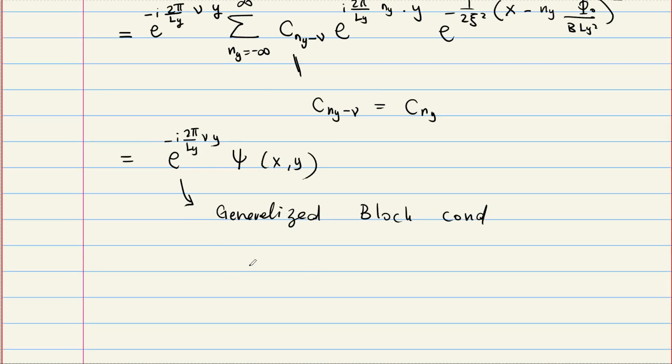And in the conventional Bloch vector, we have, I don't know, x. If you shift by a, you have e to the i k a times ψ_k of x. But in 2D, under magnetic field, translation operators in x and y direction do not commute. And you need to redefine the Bloch condition in the presence of magnetic field.